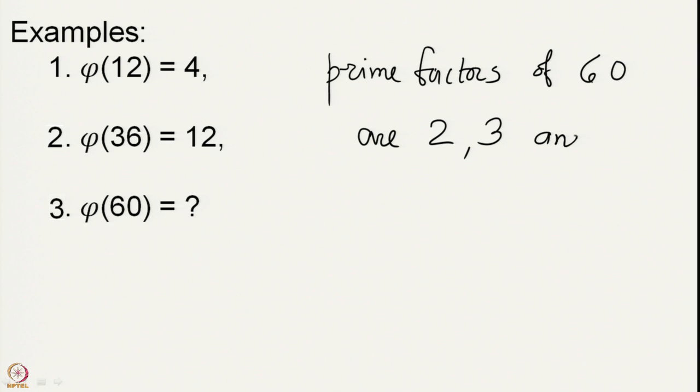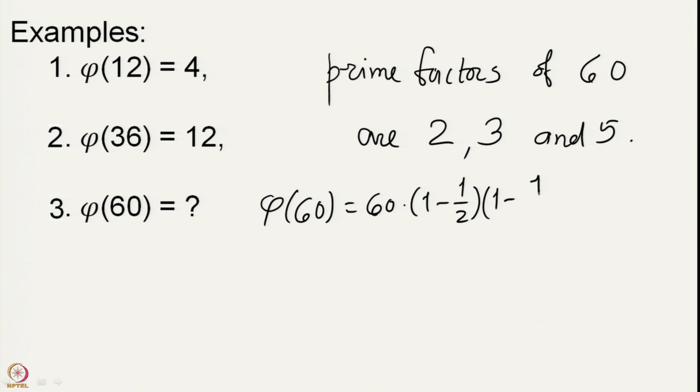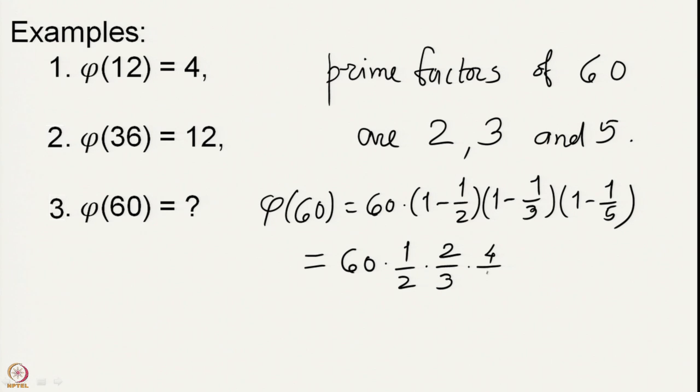So, you have 3 and 5, and therefore phi of 60 is 60 into 1 minus 1 by 2, 1 minus 1 by 3, 1 minus 1 by 5. This is 60 into 1 by 2 into 2 by 3 into 4 by 5. So, 5 and 3 get cancelled with 60 to give you 4. So, the answer is 16.